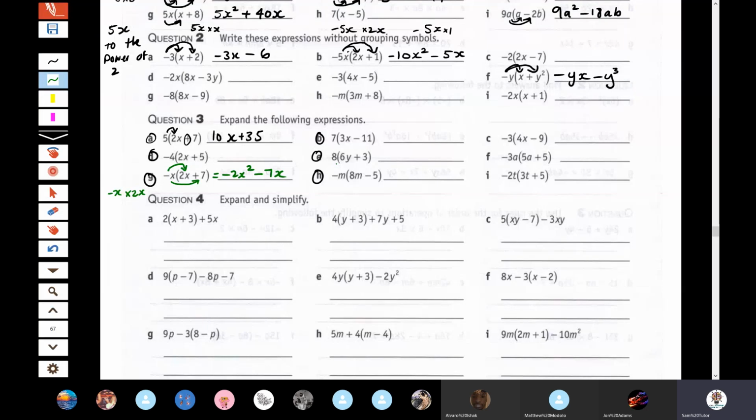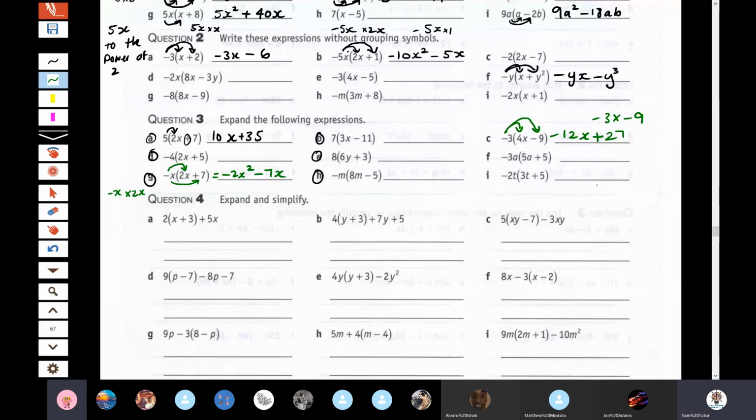While we're waiting, let's do these 3 as extra questions. Negative 3 times 4 would give you negative 12x. Negative 3 times negative 9: the 2 negatives make a positive, and then 3 times 9 is 27.